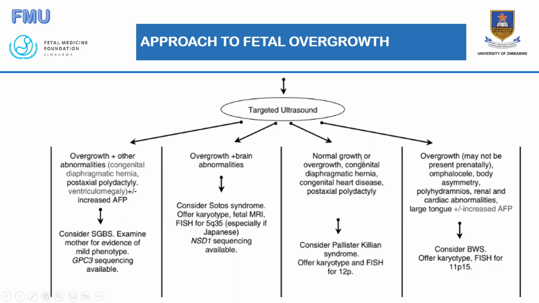Then if we have normal growth or overgrowth, and congenital diaphragmatic hernia, and congenital heart disease, and post-axial polydactyly. What is post-axial polydactyly? I think I mentioned it, but I didn't explain it. Post-axial polydactyly is when somebody has a sixth finger, but this sixth finger is on the side of the small finger.